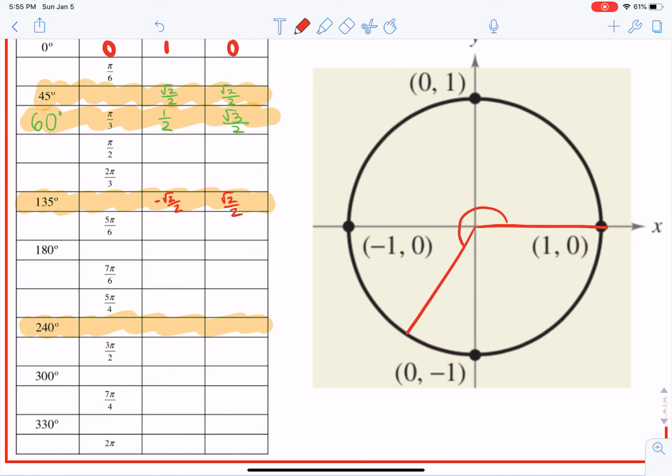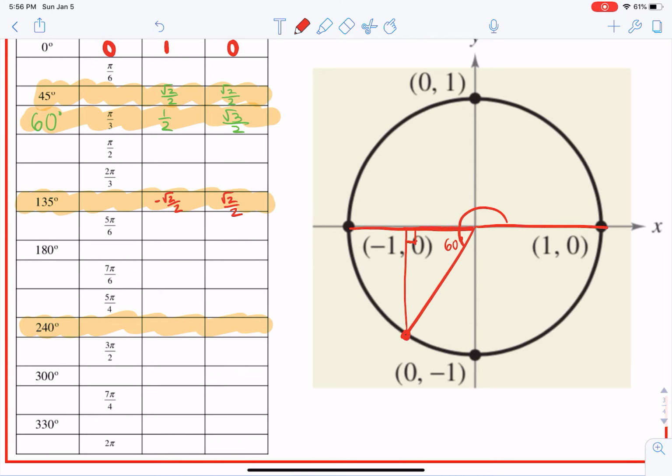This is 240 degrees. Well, if this is 240 degrees, I know that I can make a 60-degree angle here, and here is another one of these nice triangles. So I can figure out what this coordinate point would be.